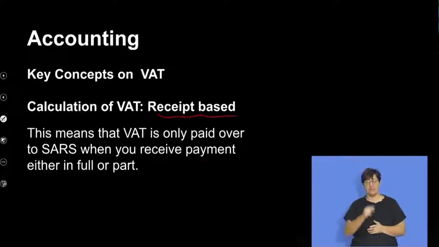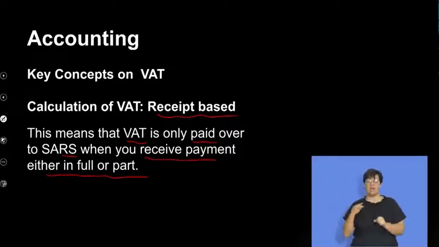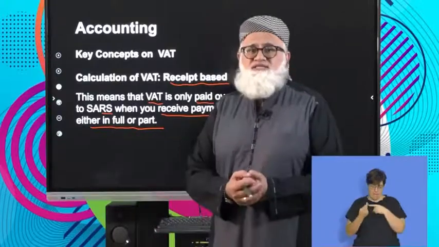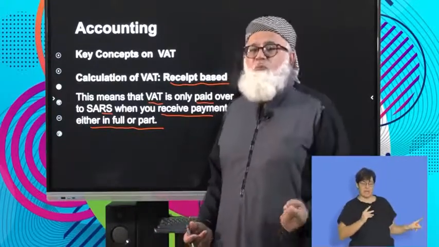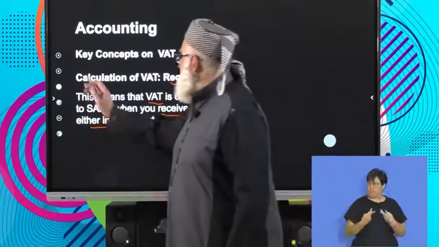If you look at your receipt-based transaction, it means that the VAT is only paid over to SARS when you receive payment either in full or in part. So very obvious, you pay over the amount to SARS when you receive full or part payment of the funds.